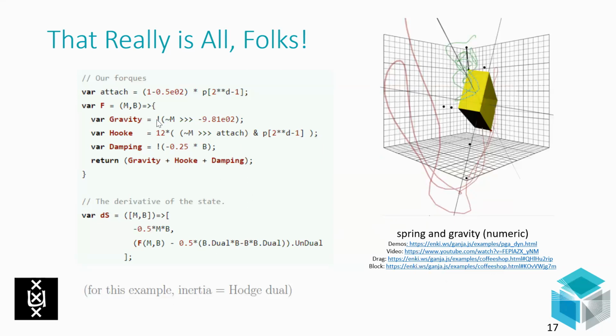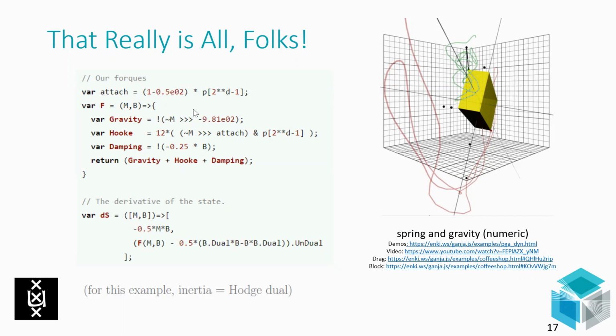So the forces, I'm going to do a block moving in gravity. So I have the gravity pointing downwards, which in this case is the E2 direction. It's represented by E02, that is the intersection of the plane at infinity with the direction 2. It's a vertical direction, but because it's a force, I need a join line, so there's a dualization.